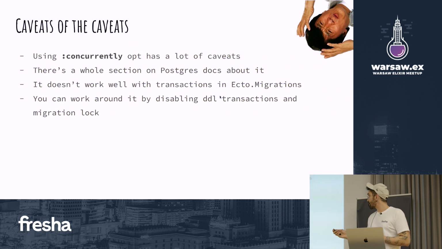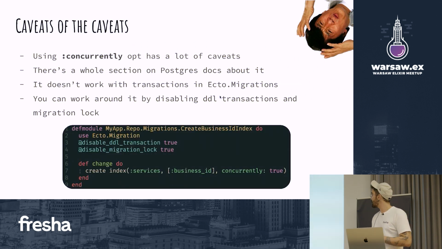You can work around that by disabling the DDL transaction and migration lock on that specific migration. The cost is that you lose the transactional property of the migration, which means each operation runs independently, and if you try to roll back, they'll roll back independently and might lead to problems. So if you do that, keep the migration as short as possible, ideally only the index itself, because it might be dangerous otherwise.